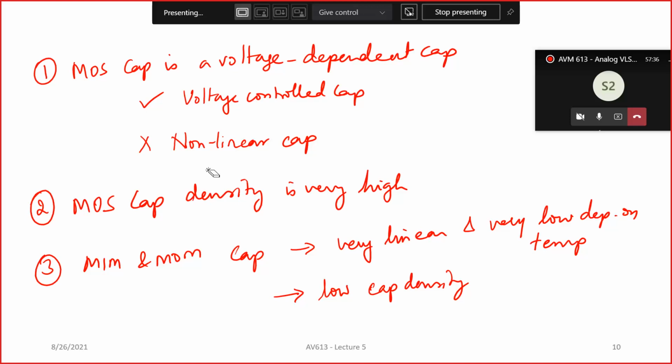If only the density is important, for example, there are a lot of places where you want to use a supply decoupling capacitor, a bypass capacitor between VDD and ground. In this particular application, you can easily use a MOS capacitor because you get very good density. You can put a lot of capacitance in the same area, and you don't care about linearity here. All you need is, anyway VDD is VDD, right? So you don't care about linearity.